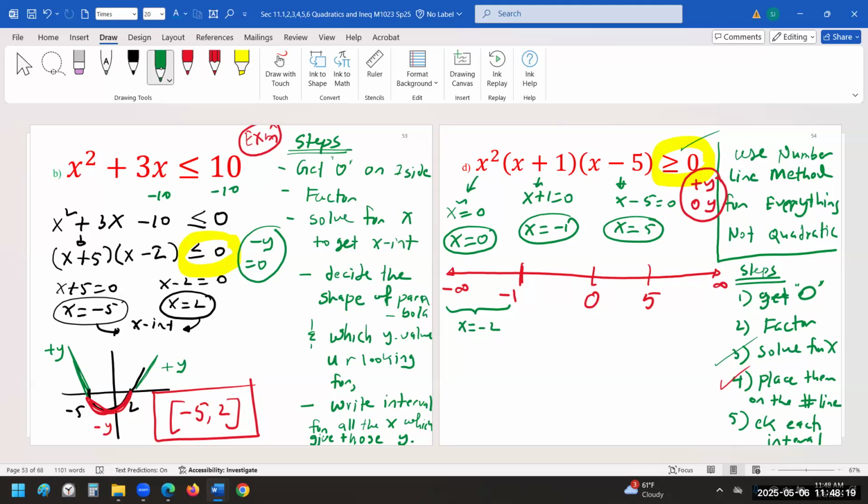Let's place it in the equation. So we have -2 squared, -2 plus 1, and -2 minus 5. I don't have space horizontally, so I'm writing them vertically. And you're multiplying all of these, okay?